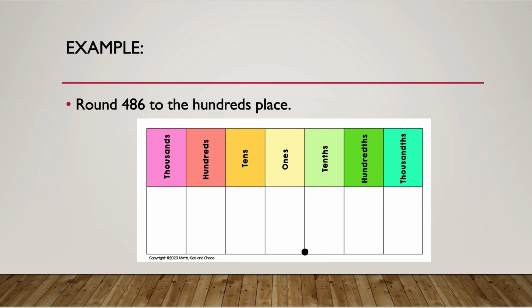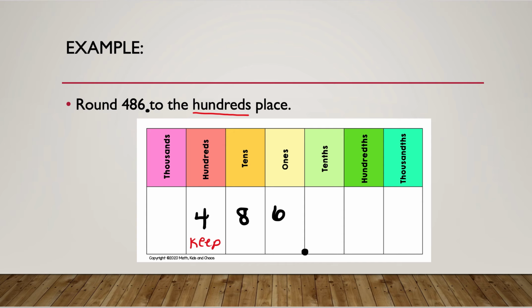All right, 486, we want to round it to the hundreds place. Again, no decimal, so I know the decimal ends up on the right here. So let's write it in, 486. All right, which place are we keeping? We want to keep the hundreds place. So we find that on the chart. This is the keep place.